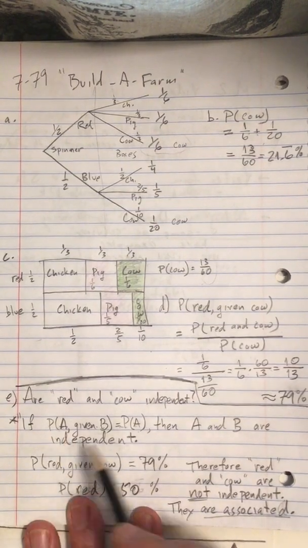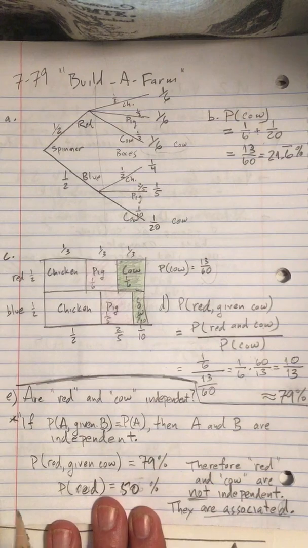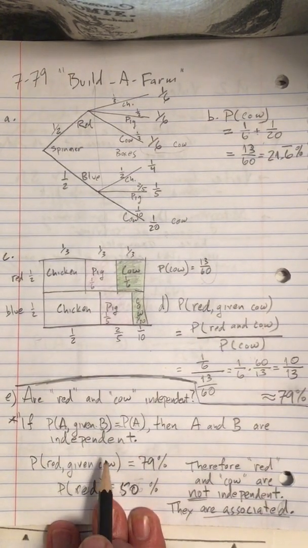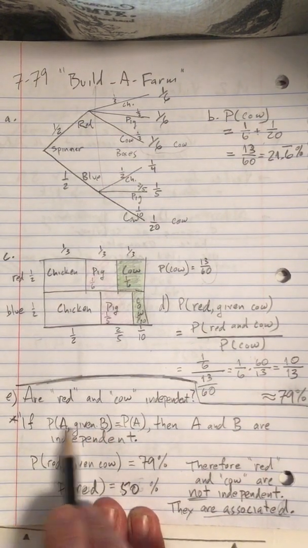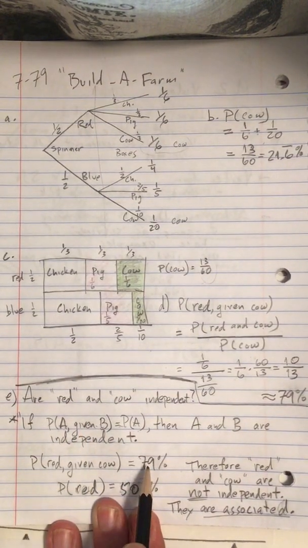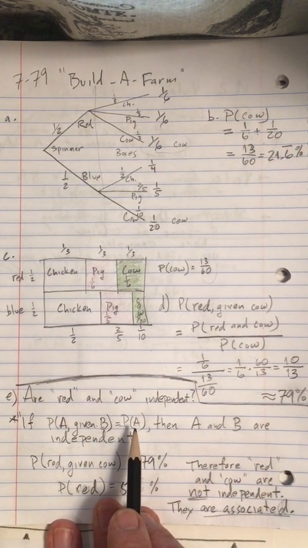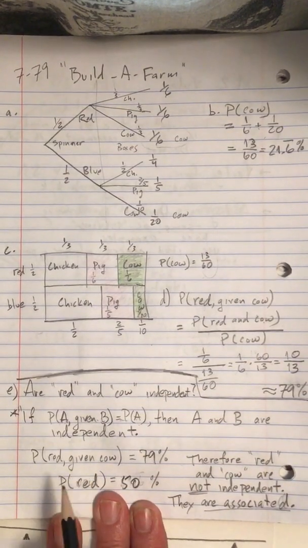All right? And there are some interesting algebraic interpretations of that too that we'll get into a little later. But when you do this, the red given cow part, that's this A given B, the left side of this equation, that's 79%. That's what we got right here. But the probability of red is 50%.